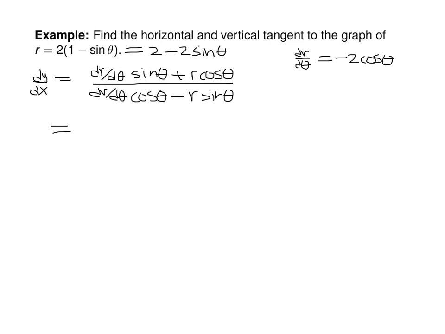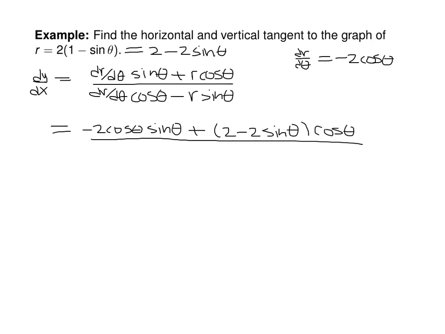So we'll have negative 2 cosine theta sine theta plus 2 minus 2 sine theta multiplied by cosine of theta, all over negative 2 cosine theta times cosine theta minus 2 minus 2 sine theta times sine of theta.